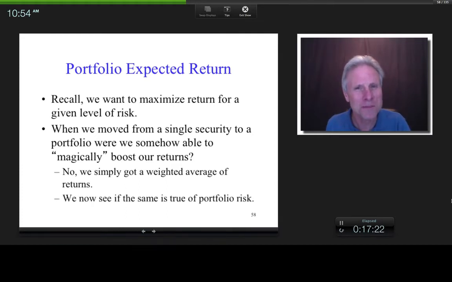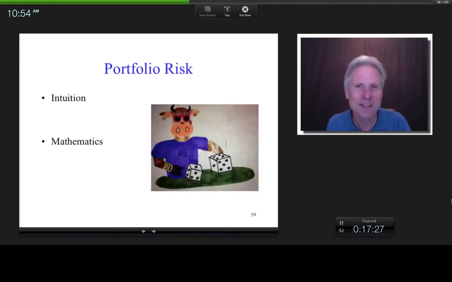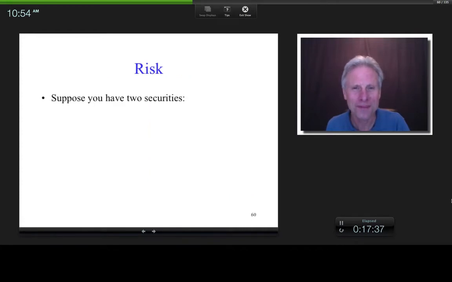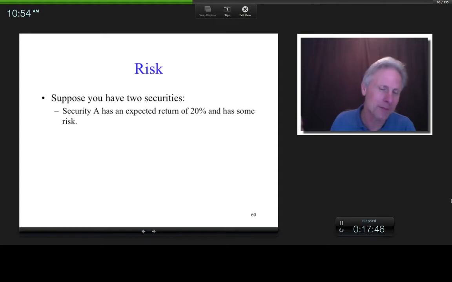Well, let's see if the same thing is true of portfolio risk. As we get into portfolio risk, I'd like to begin with the intuition, and then we'll get into the mathematics. So imagine that we have two securities, maybe two stocks. I'm just not creative enough to think of names, so we'll call it Security A, which has an expected return of 20% and has some risk.